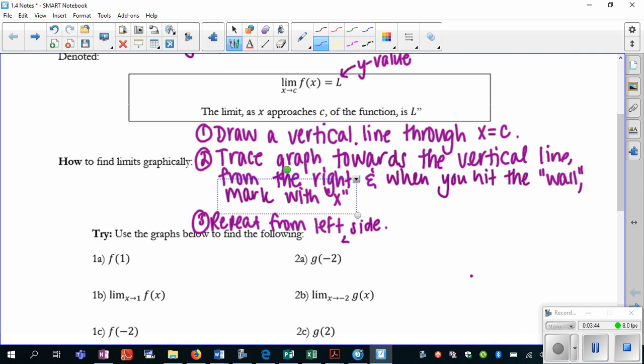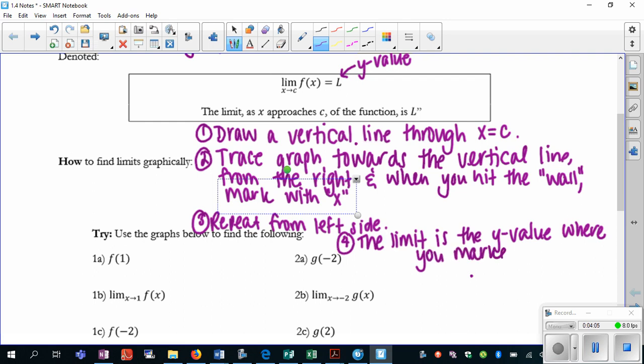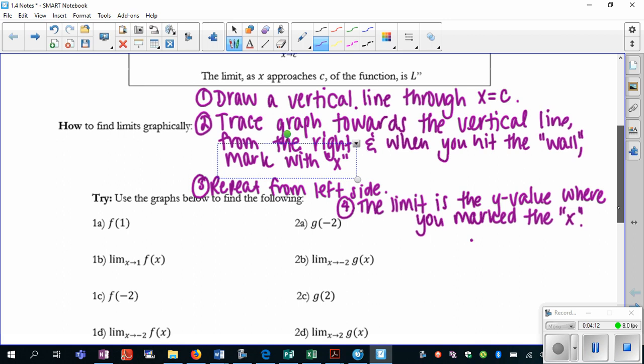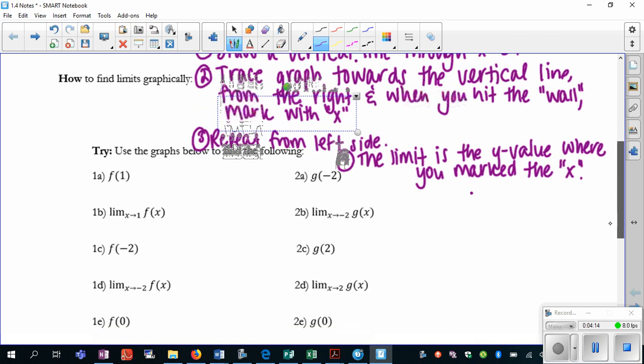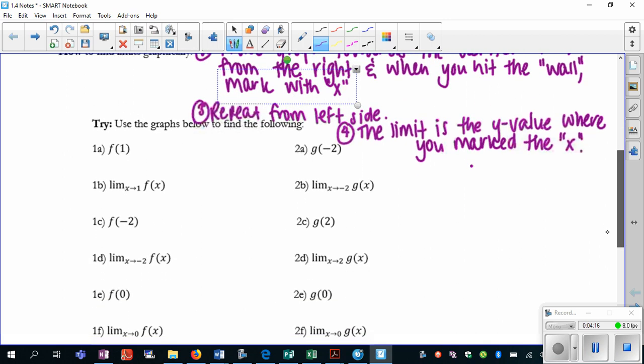And lastly, the limit is the y value where you marked the x. We're going to try this step by step, but like I said, you don't have to show the vertical line and show the x. You'll be able to go right into just finding the answer.